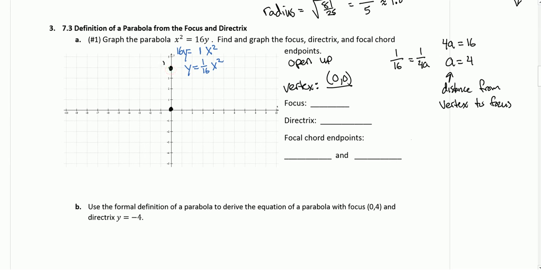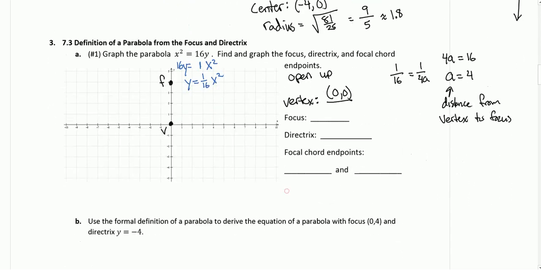I'll put F next to focus. I'll put V next to vertex. And then the directrix is on the opposite side of the vertex, the same distance. That distance a from the vertex. So I'm going to go down 4 and sketch our directrix.